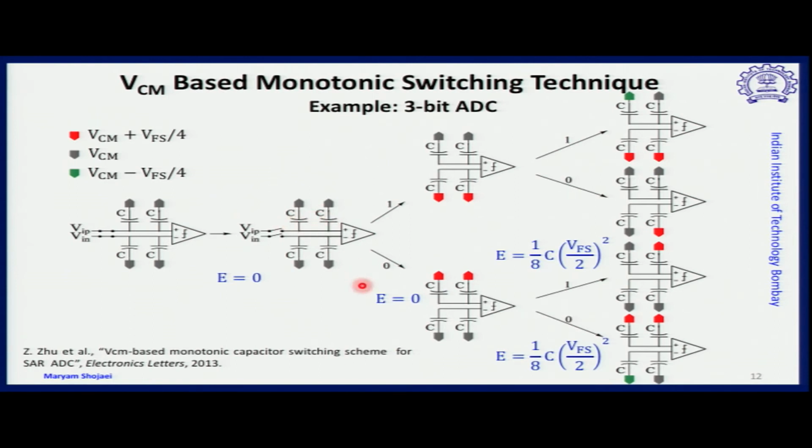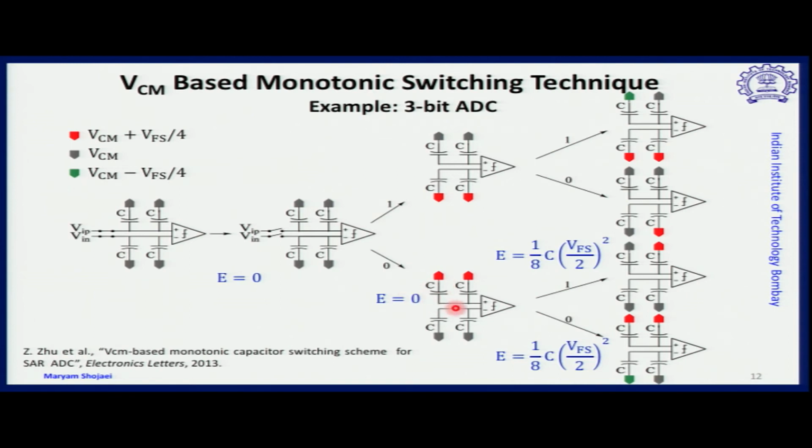So all capacitors of the C in the positive half circuit of the DAC get their top plate switched from VCM to VCM plus V full scale by 4. In this way, we will have the new voltage level.